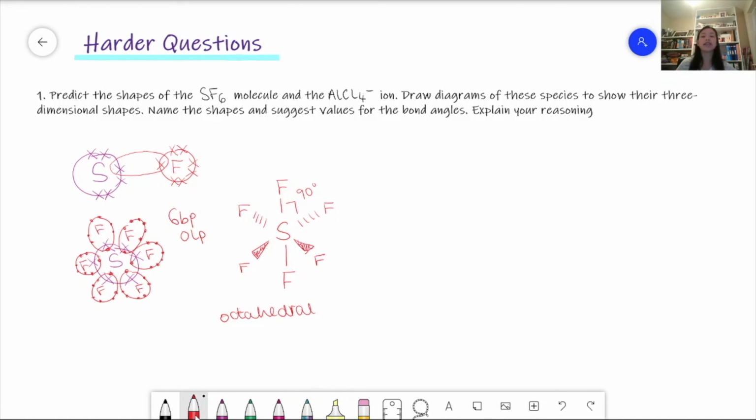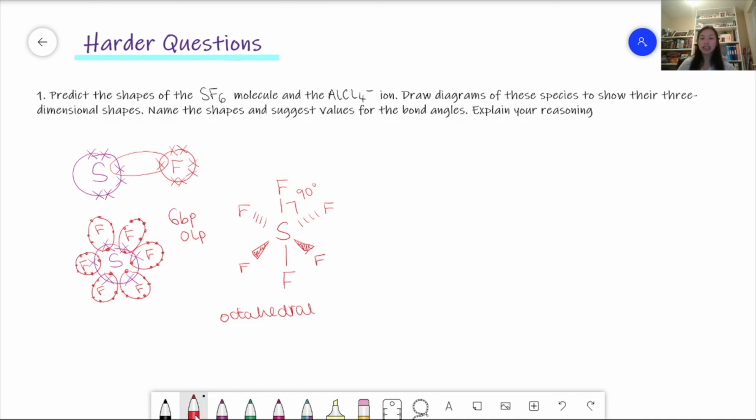So basically these 4 are in a plane, and these 2 are 90 degrees to that plane, and all of these are 90 degrees from each other. So it's kind of like a square, and basically 2 square pyramids on top of each other.